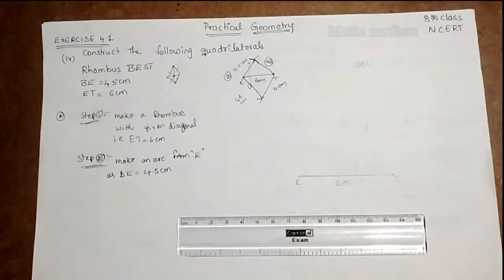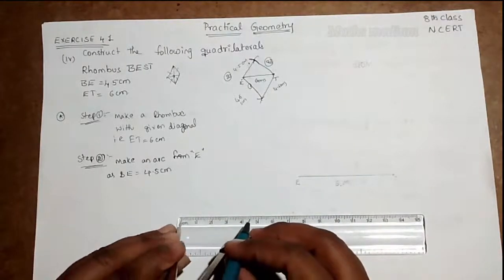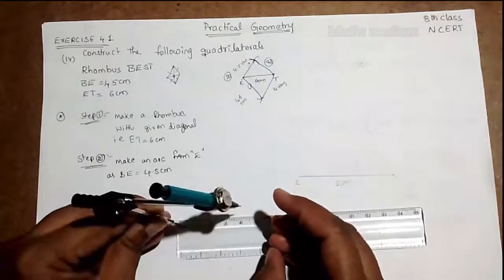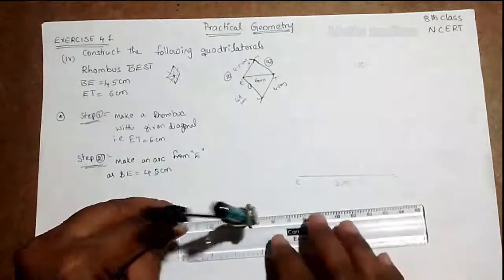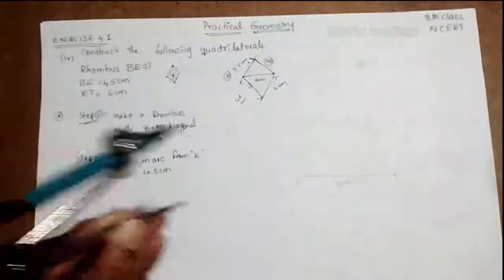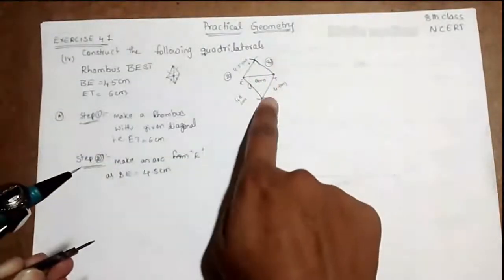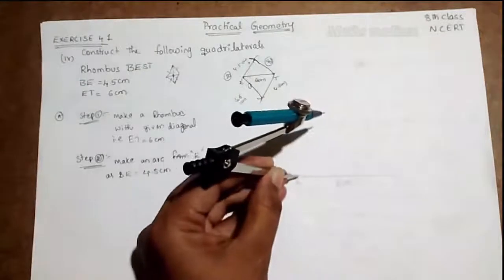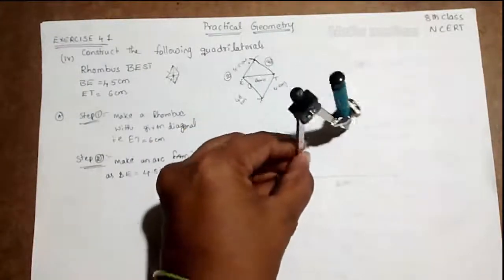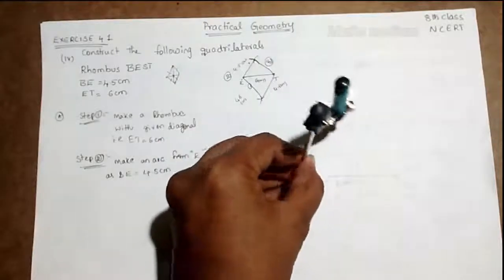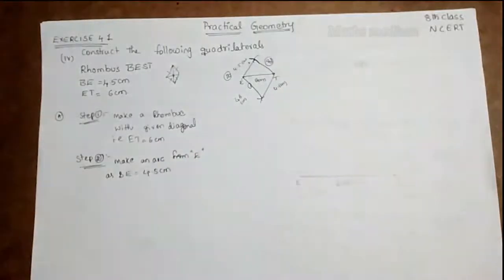Measure 4.5 with the compass. Put the pointer at 0 and make 4.5. Keep it constant, for all sides are equal in a rhombus. So start with E and make an arc with 4.5. So this is the arc.